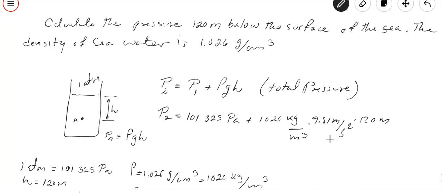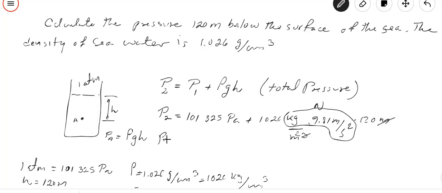Okay, so now you can cancel this meter with one of the meters below, so we get meter square. So we have kilogram meter per second square, that is newtons, over meter square, that will be pascal, right? So we multiply this 1,026 kilograms per cubic meter times 9.81 meters per square second times the 120 meters. The output unit here is pascal, right?